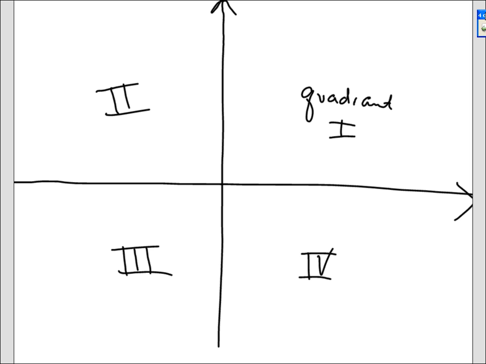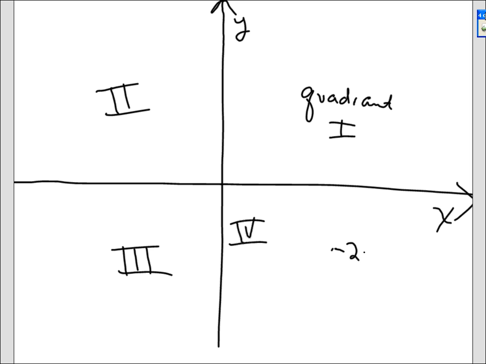If you are on the x-axis or the y-axis, you are not in any quadrant. You will not be in any quadrant if you are on the axis. Every other point is in quadrant 1, 2, 3, or 4.